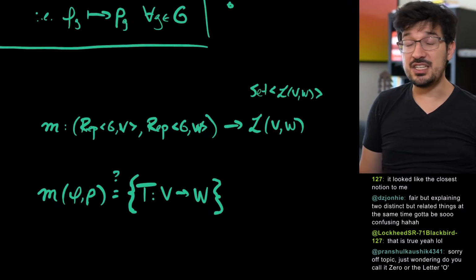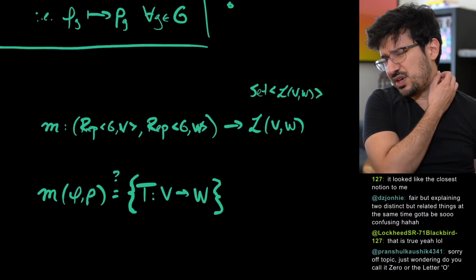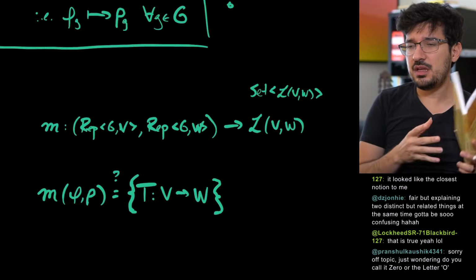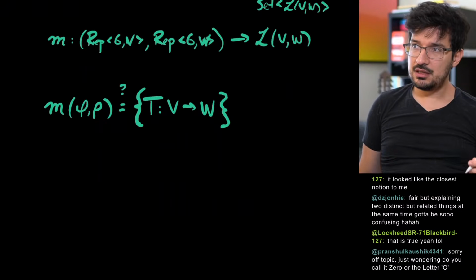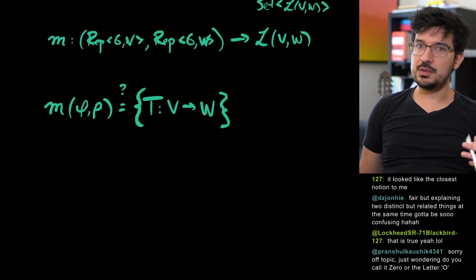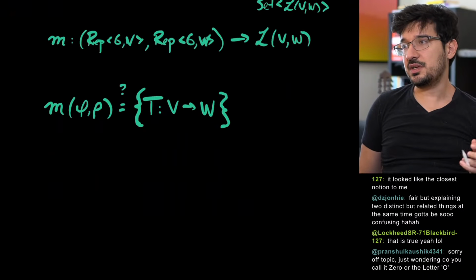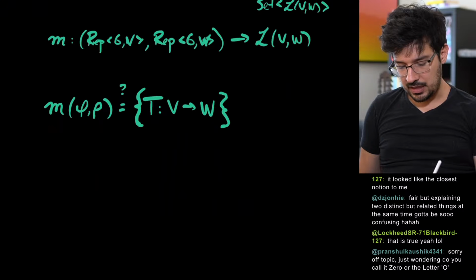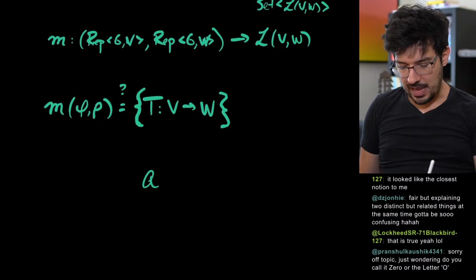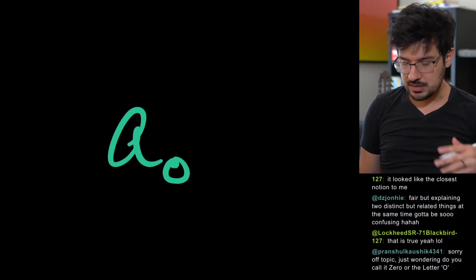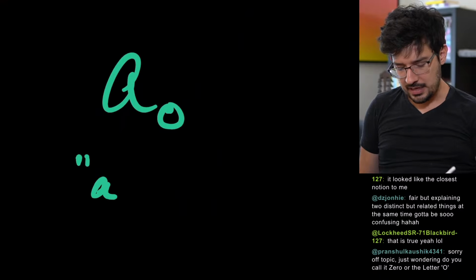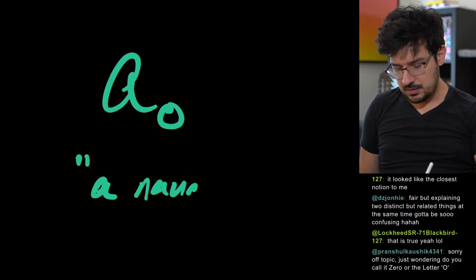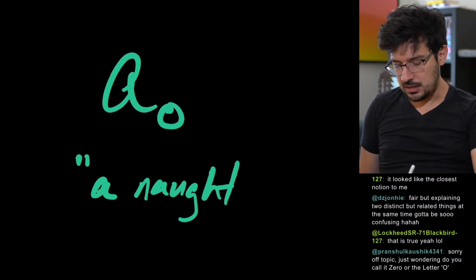A lot of people say naught, which I think is British English, for zero. I say zero, or if it's something like x naught or A subscript 0, it's very conventional to call this A naught, because it's being naughty.